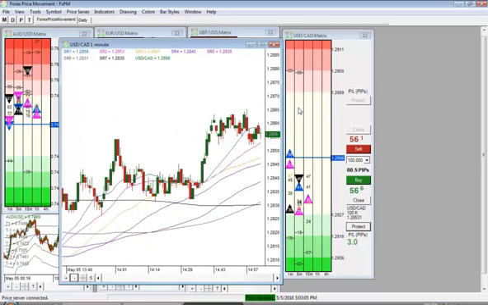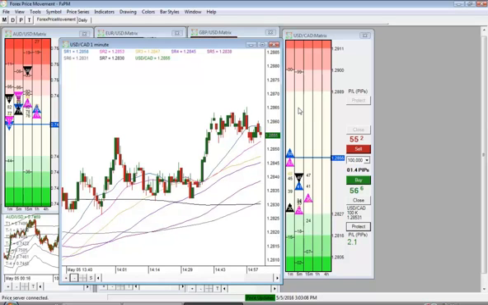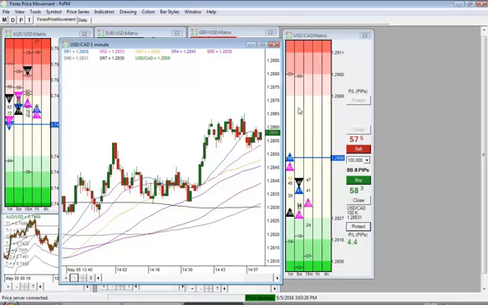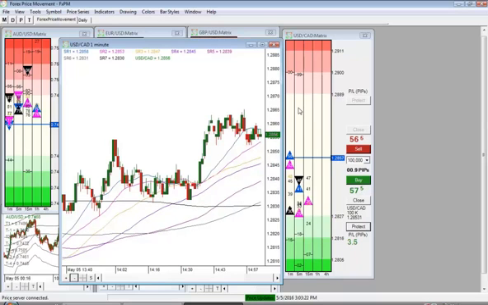Now keep in mind my pink and blue triangles are at this point beginning to crunch up, but it's still holding fairly well. So either way, I have no risk on this trade. I have a break even, so if it goes the other direction, I'll get stopped out for 0 points.